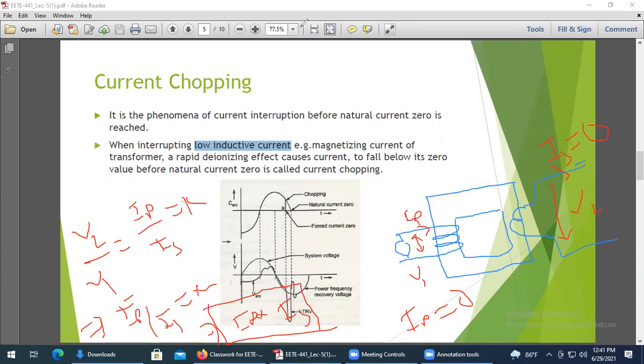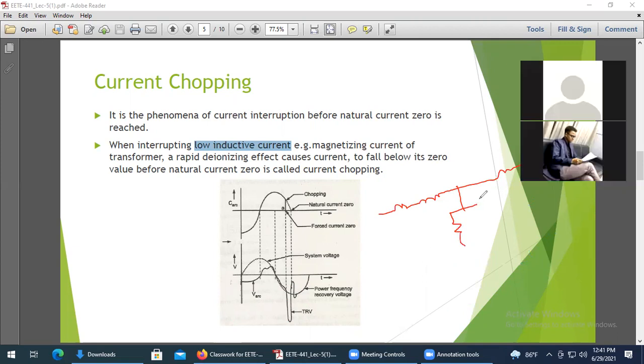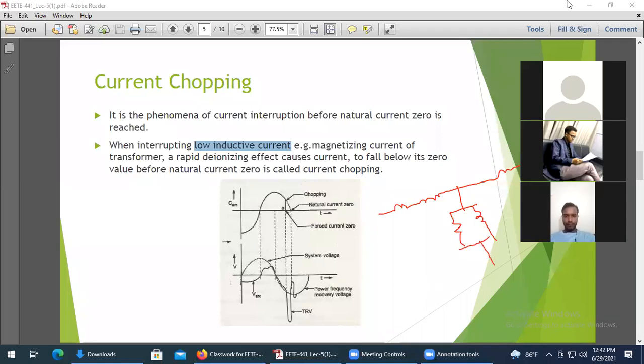But what happens? Can you remember the equivalent circuit of the transformer from your machine courses? Isn't it like this? Can you recall here?